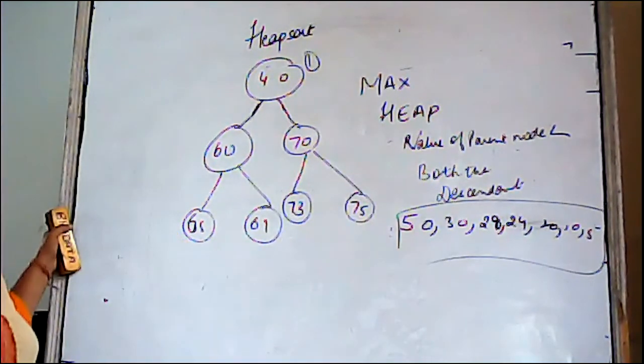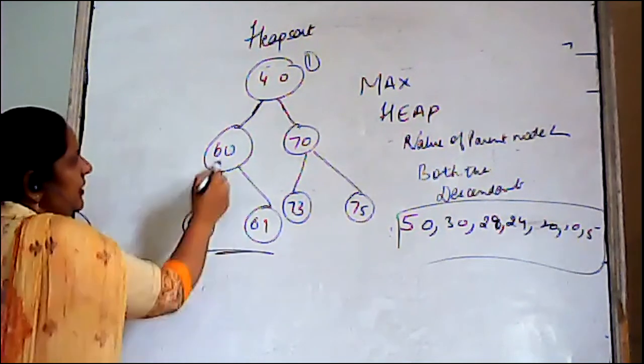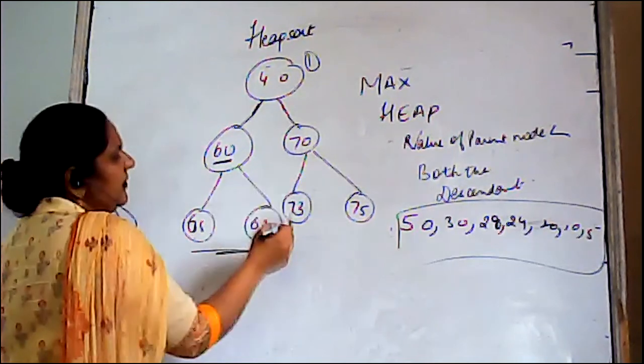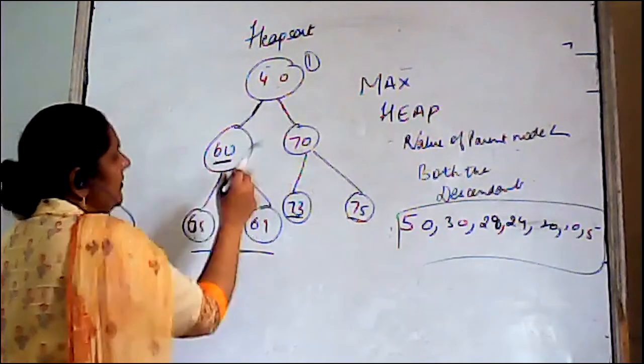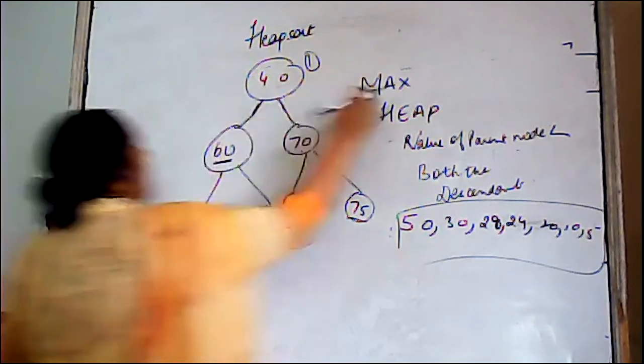Now you see, the value at the parent node is less than its child nodes. 60 is less than 65 and 69. 70 is less than 73 and 75. 40 is less than 60 and 70, and this whole heap satisfies the min heap property.